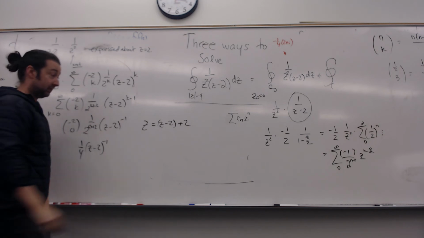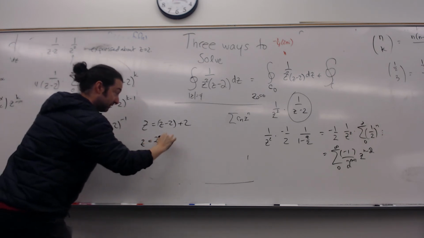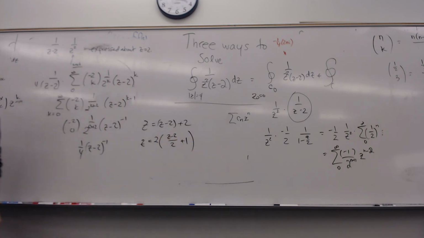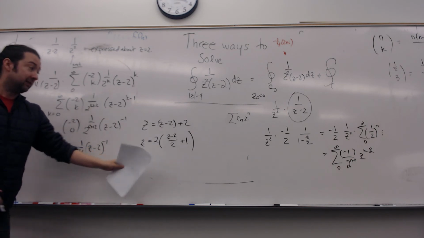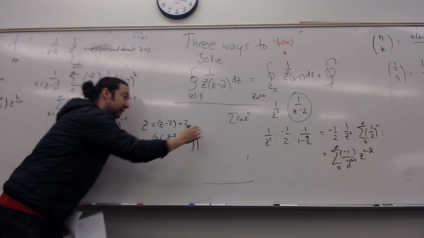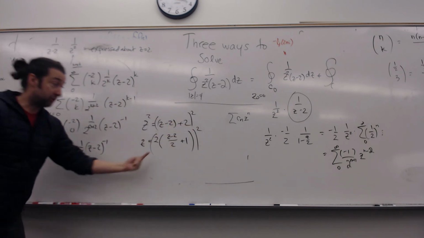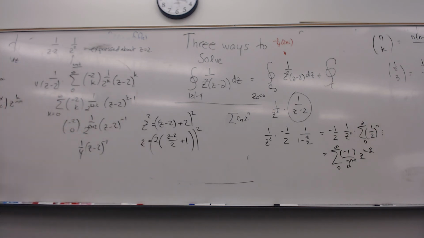So z is also equal to 2 times z minus 2 over 2 plus 1. That's starting to look like something I could use the binomial theorem on. But this was all squared because it was a z squared, so the 2 pops out and turns into a 4. It's just that manipulation to use this.